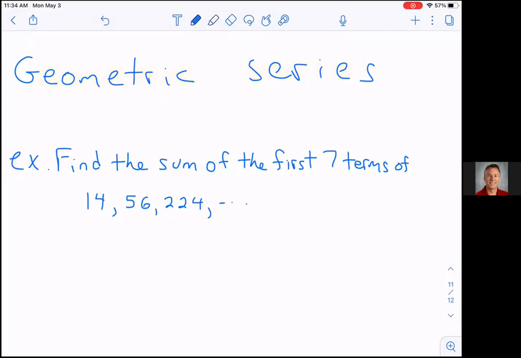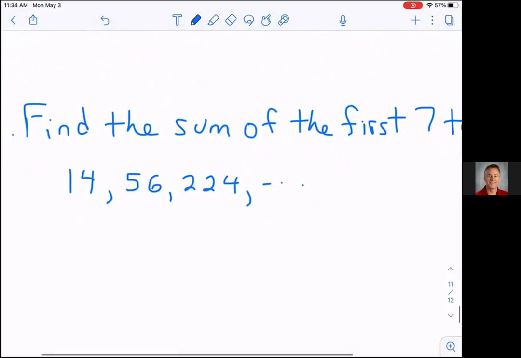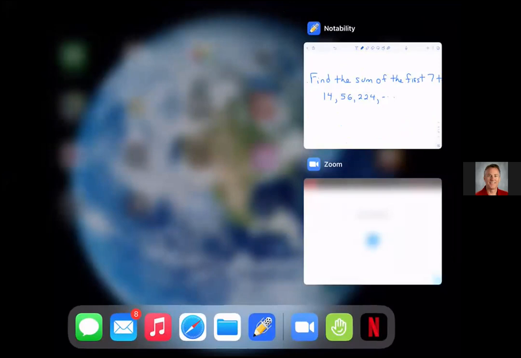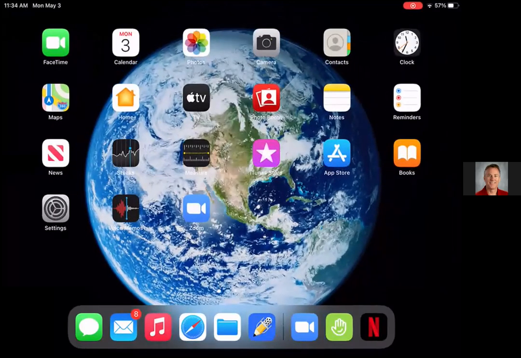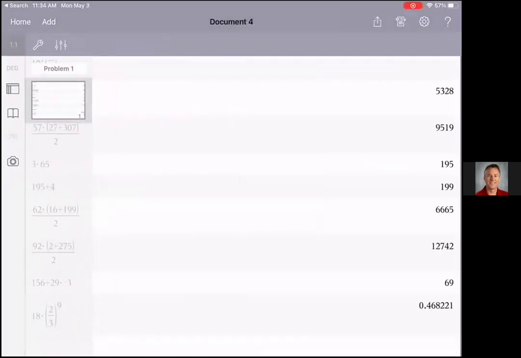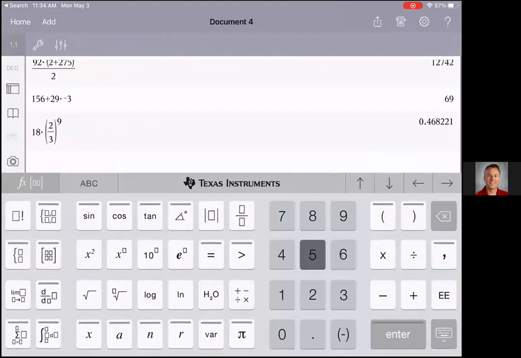The reason it's geometric is because we have an R value, meaning if I did this number divided by this number, so 56 divided by 14, and let me pull up my calculator here, just to go through these. So I take the second term, 56 divided by 14, and that comes out to be 4.